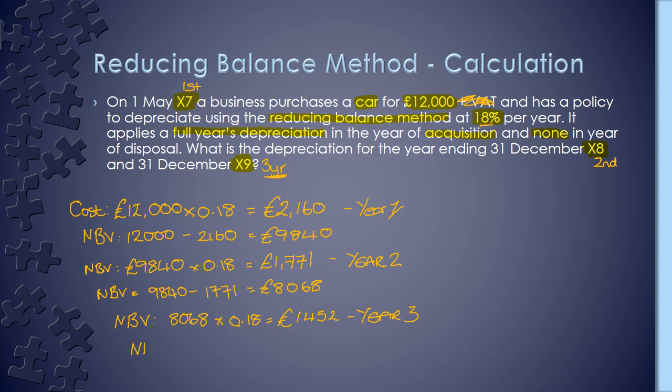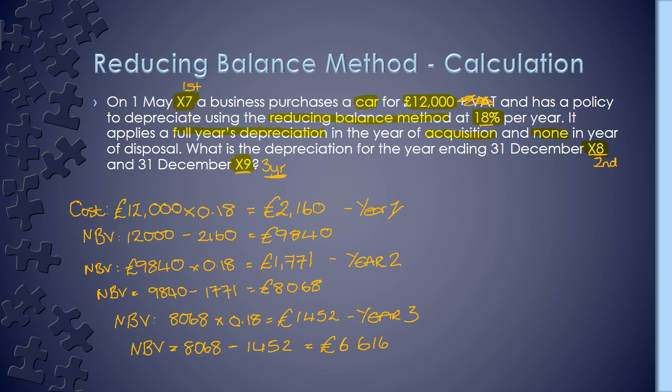And then if we were going to continue, we would use our new net book value, which would be the 8,068 minus our year 3 depreciation, and then our new net book value would be 6,616.